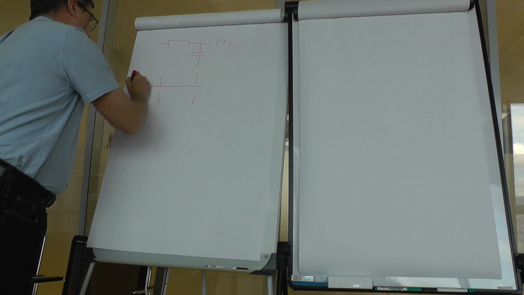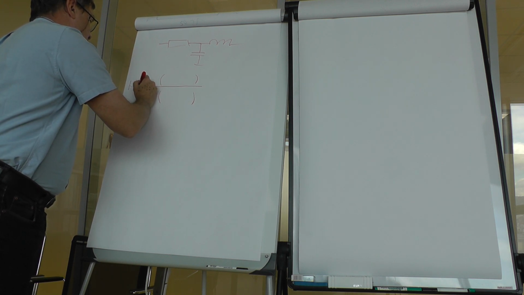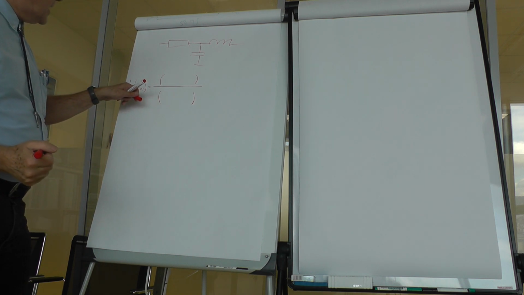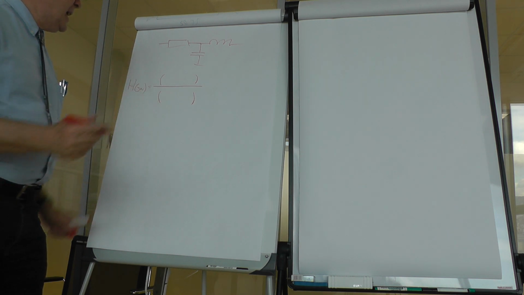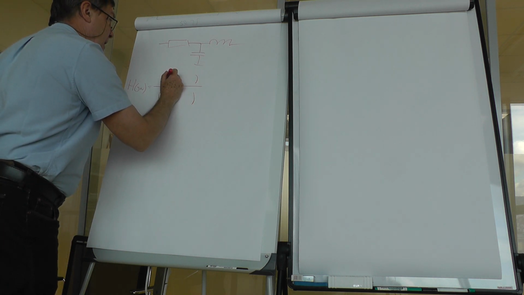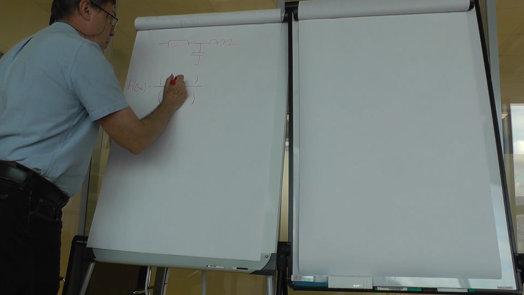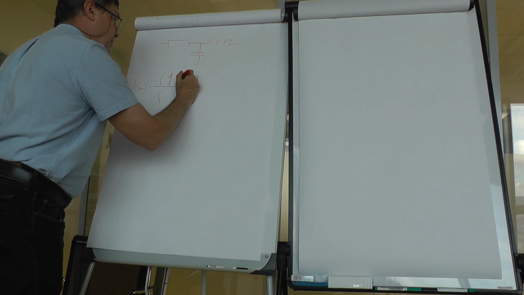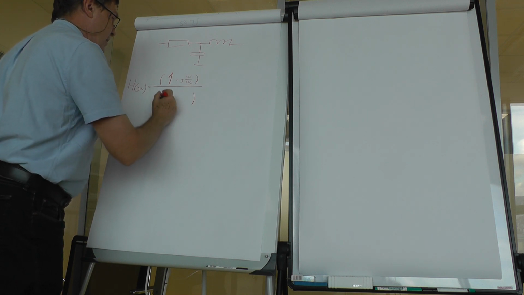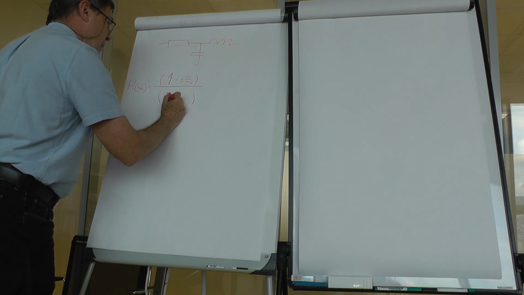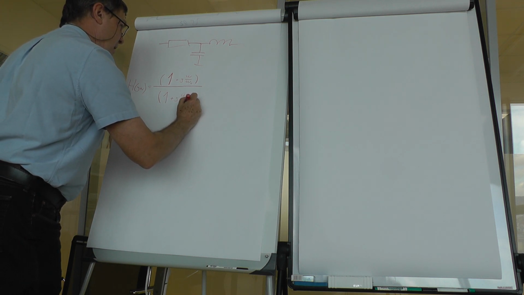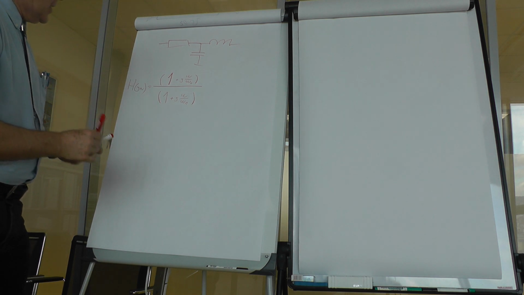Let's say we have a function of a complex frequency, that's the j omega, and the function should in normalized form look like this: there would be 1 plus j omega divided by omega 0, and the denominator would be 1 plus j omega divided by omega 1. This would be a circuit of second order.